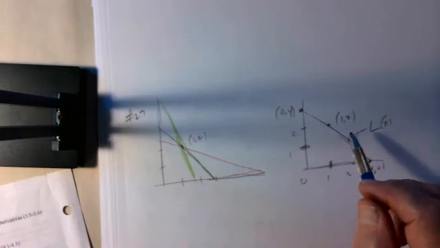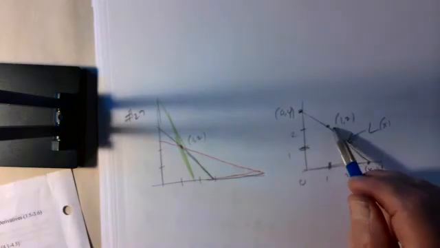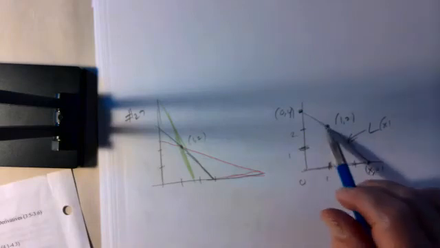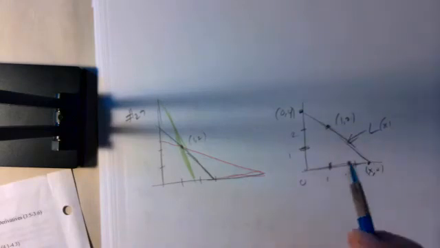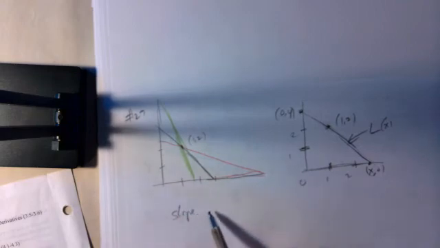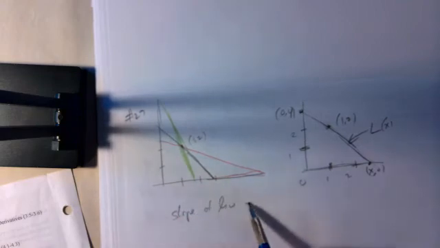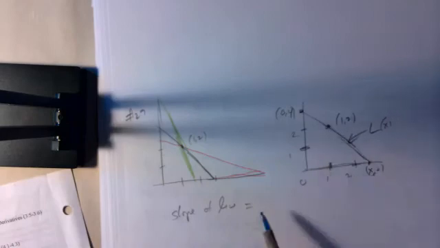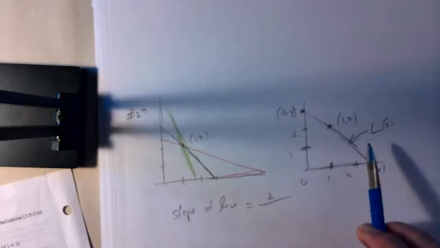So let's see. We have a line going through these 2 points. What's the slope of the line? It's equal to the rise over the run.